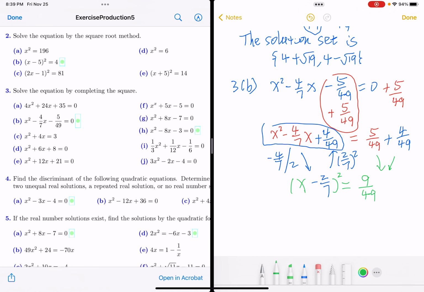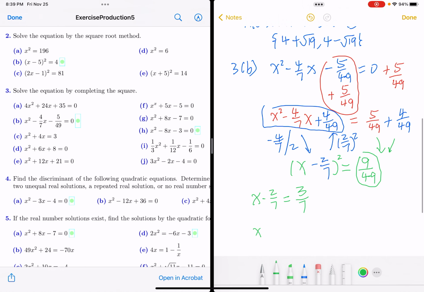And then you choose the square root, which will be two possibilities. One is x minus 2 over 7 is 3 over 7. Choose the square root for this one: 3 squared is 9, 7 squared is 49. Another possibility is x minus 2 over 7 is negative 3 over 7.